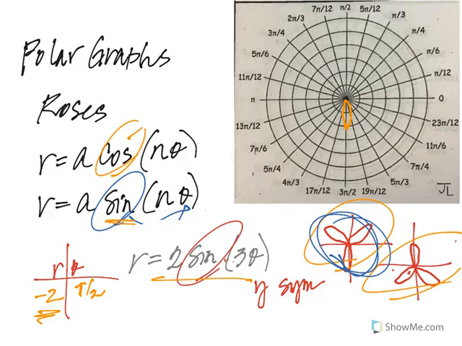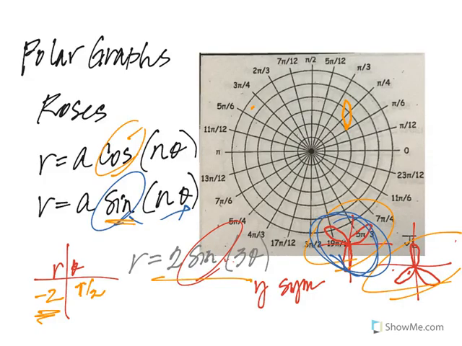Now, all the petals will be equally spaced around the unit circle, which means each petal will be 2 pi over 3 apart. I've got 2 pi, which is a single rotation, broken up into 3 equal pieces. That's 2 pi divided by 3 radians apart.